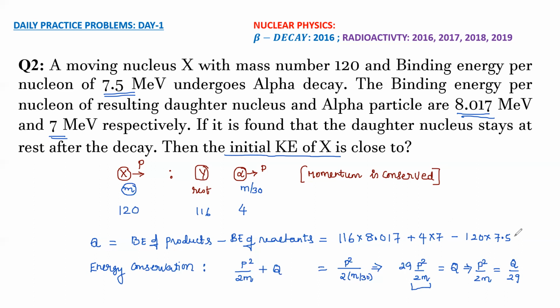If you do this calculation properly and then divide it by 29, you will get close to 2 mega electron volt. Okay, it will be 1.999. So the answer is either 1.999 or 2 mega electron volts. I hope you have understood this.